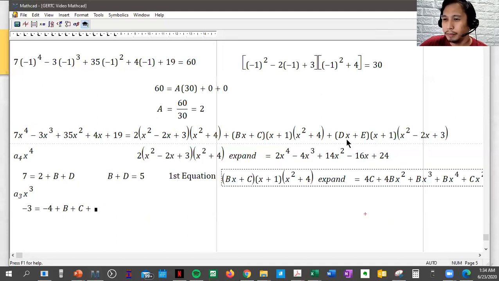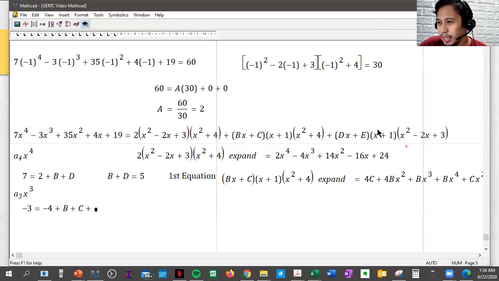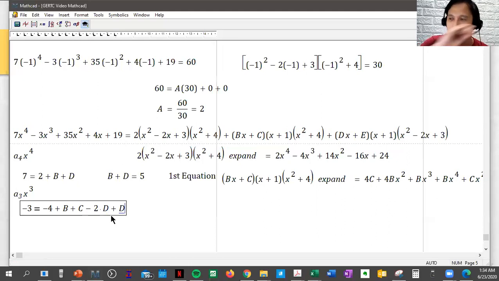Then, dito naman, again, the mission is to get x cubed. So, dx times x times -2x. No, that is -2dx cubed. So, minus 2d. Meron itong minus 2d. Okay? Saan pa? How about this? dx times 1 times x squared. That is still x cubed. No, dx cubed. So, plus d.